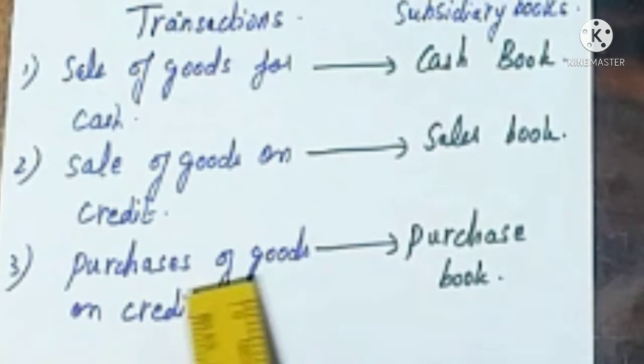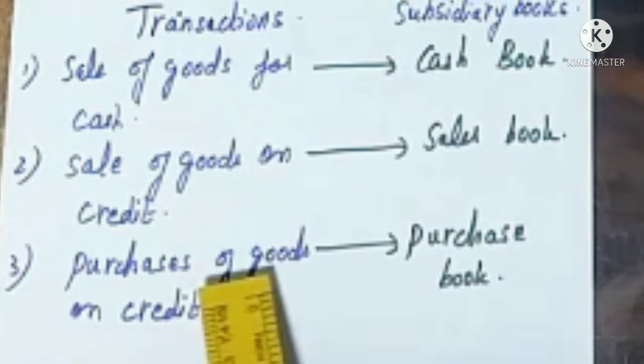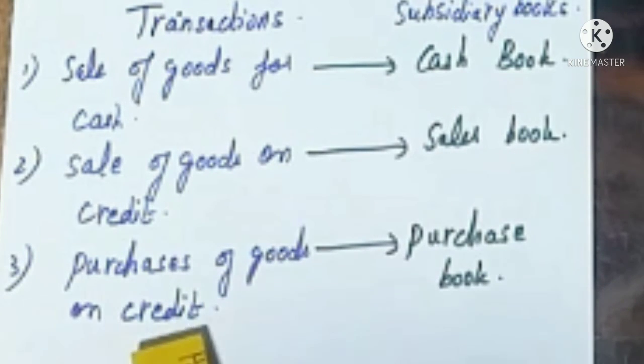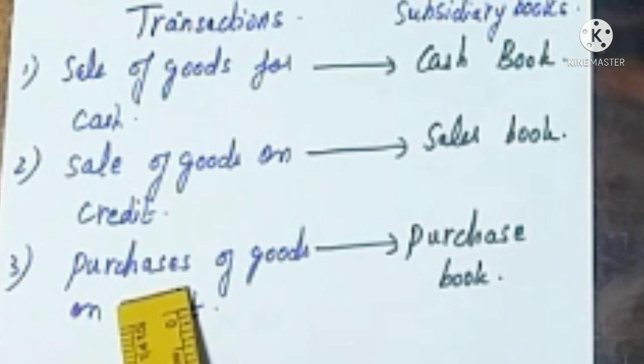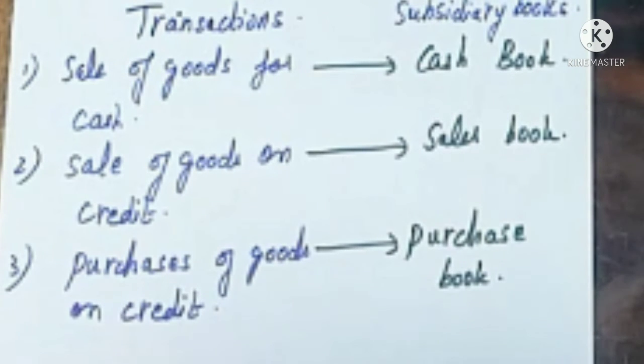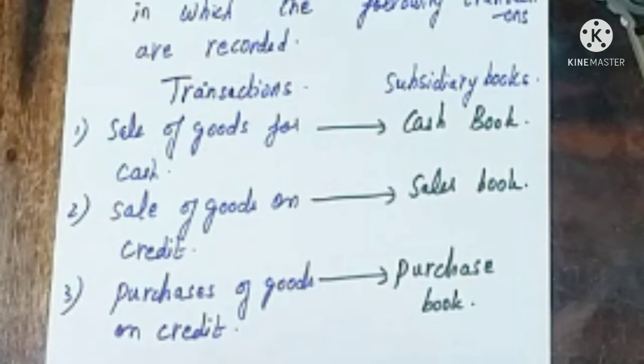Purchases are coming in. So purchase account debtor, credit the giver, sundry creditors. Sundry creditors are the persons to whom we owe money. So the entry is purchase account debtor to sundry creditor. We have to open purchase book and record this transaction.